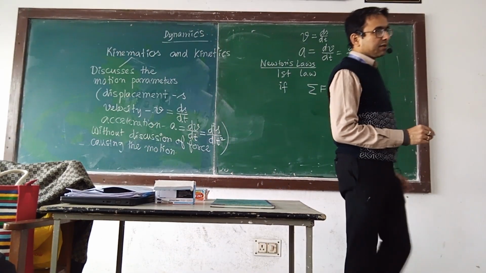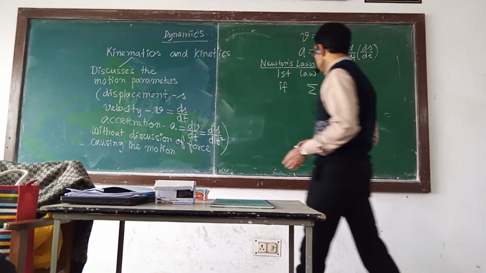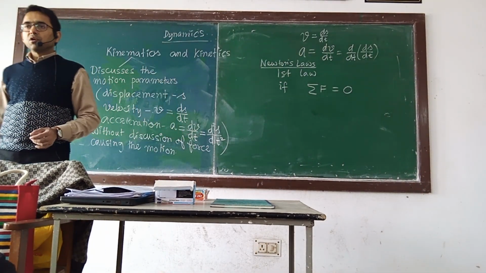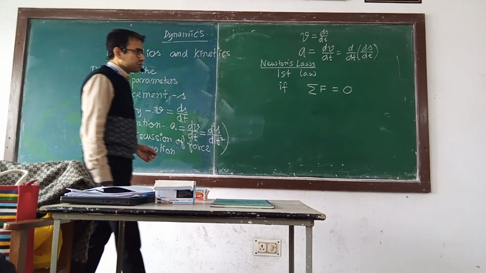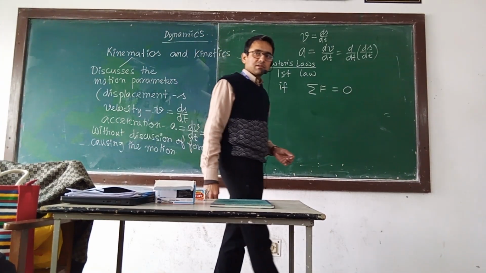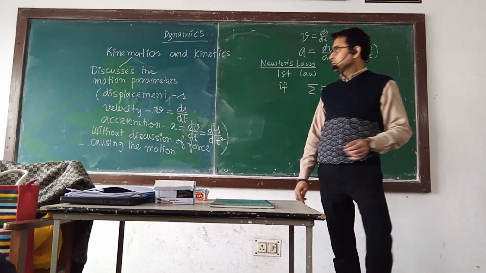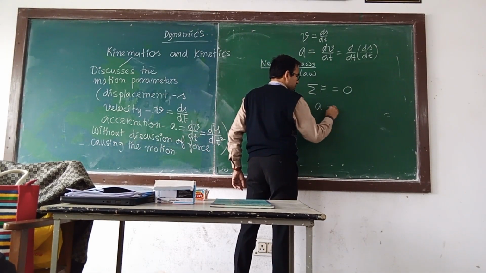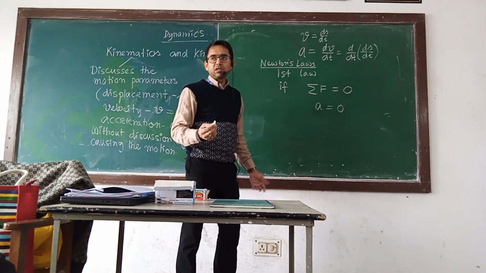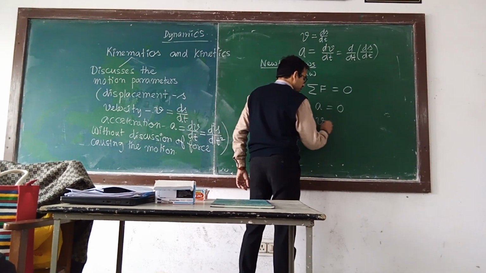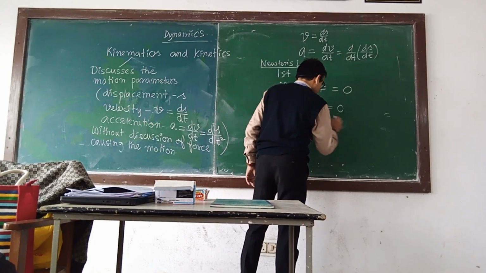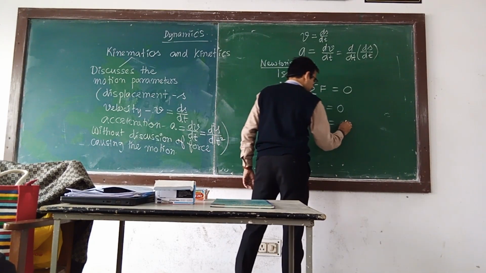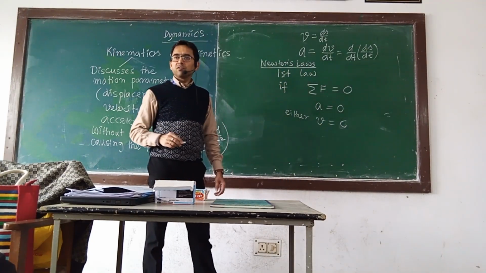So unless acted upon by external forces, the object which is moving will continue to move with constant velocity, and the object which is at rest will continue to be at rest. That is the first law. So if this is 0, then acceleration is 0. That is the meaning. That means either velocity is constant or velocity is 0.